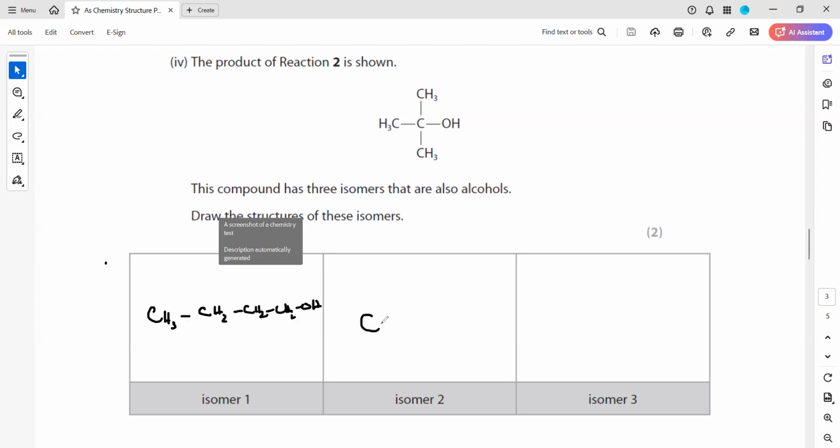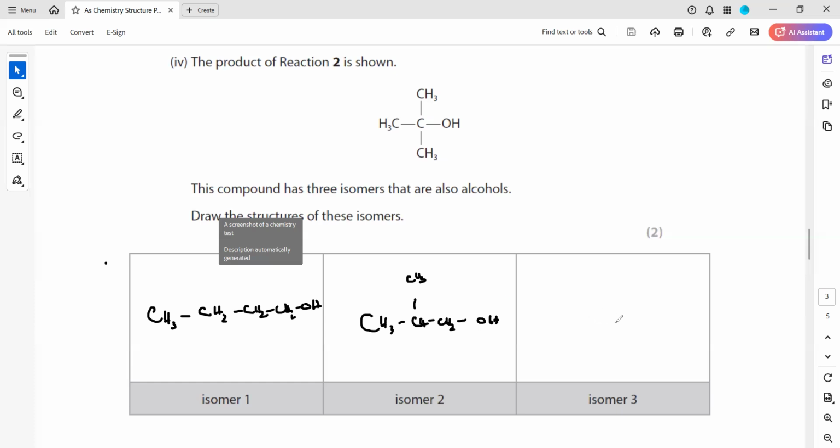Then I will draw a secondary alcohol, or even I can draw another primary but with a branch. So this is also a primary, but it is branched. And I can now draw the secondary. This is already tertiary.